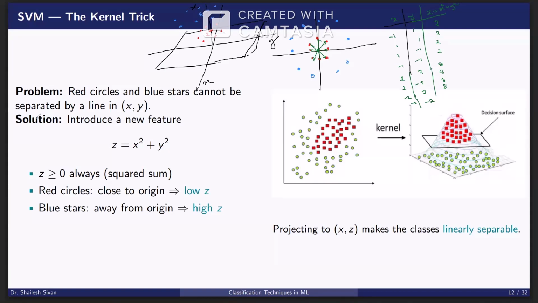Now, can you tell me whether I am able to find a hyperplane over here? Yes. Right? This is called a kernel trick. What is that? A kernel trick.